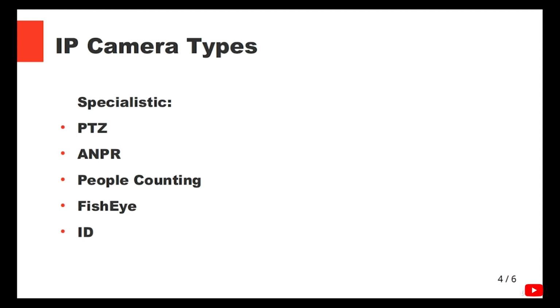ANPR is automatic number plate recognition. It's a camera which basically takes a picture of the registration plates of vehicles. Other cameras can do some other intelligent functions like people counting, crossing a certain line, object disappearing or object appearing in the field of view.